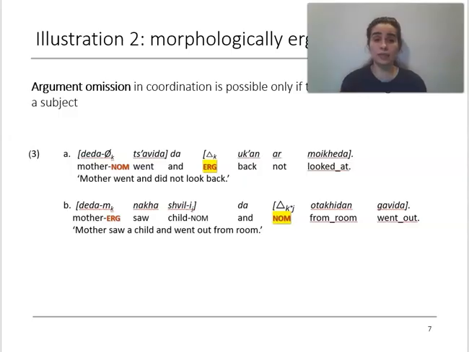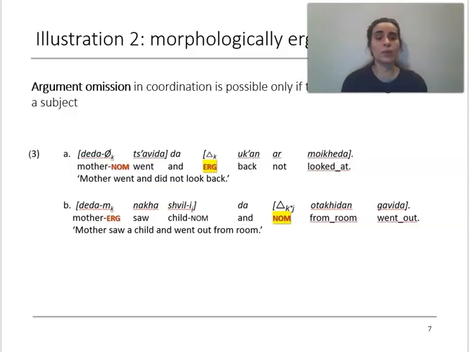The first one I present here is argument omission in incardinated clauses, which is possible only if the omitted argument is the subject. This is a property characteristic of the accusative-nominative alignment, but this property is also characteristic of Georgian. So we see that it is not a syntactically ergative language, but a morphologically ergative one.